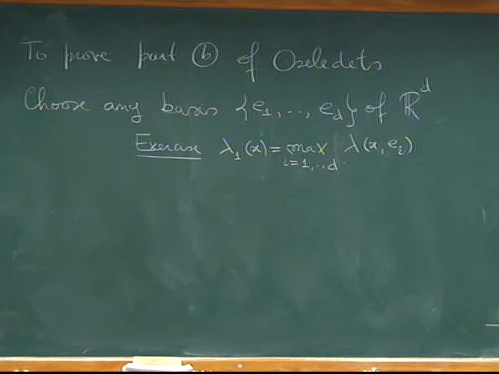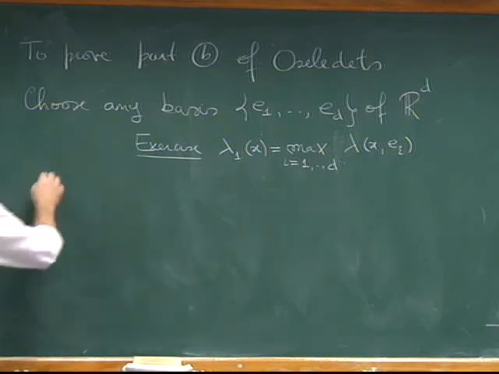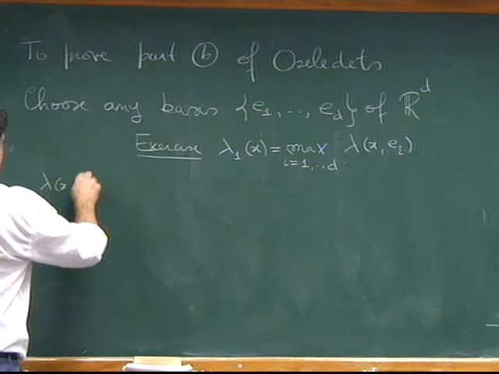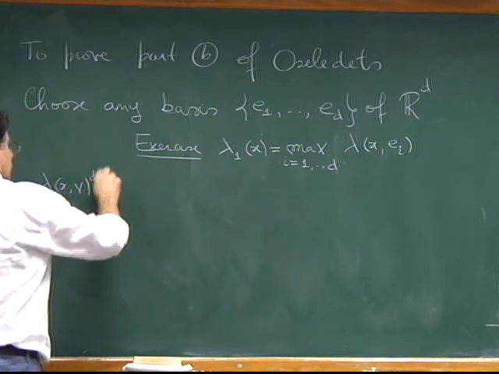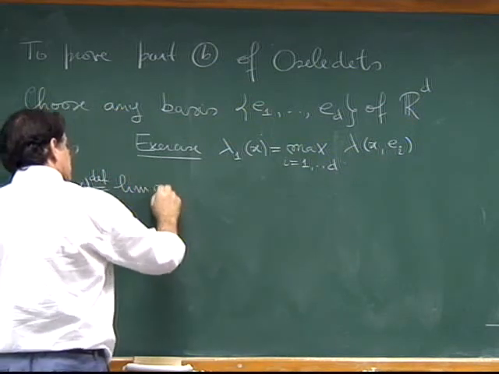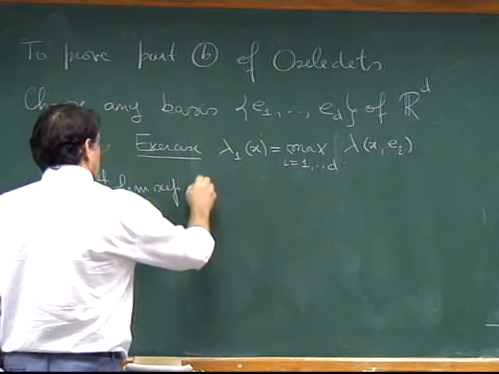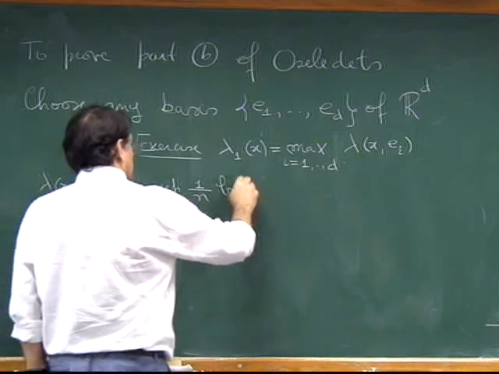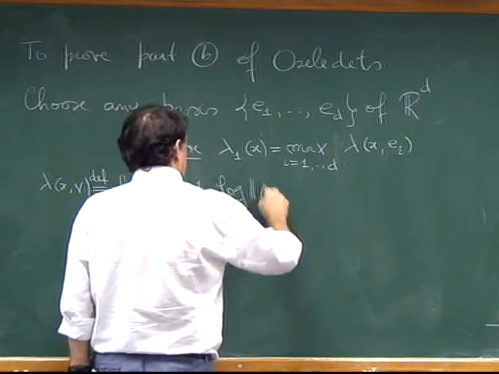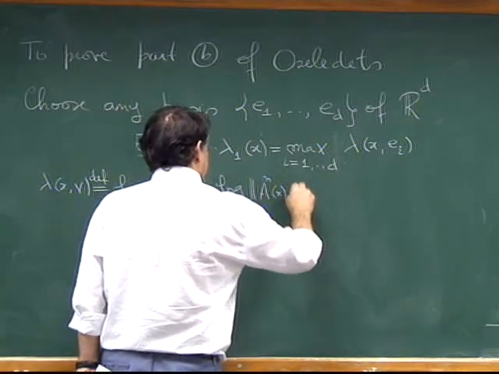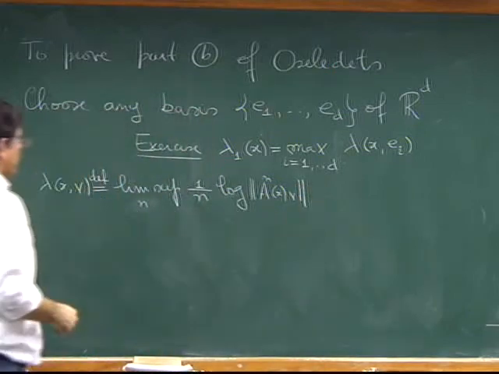Now, the function, I didn't say it. Let me remind you. The function lambda x v was defined as a lim sup in n of 1 over n log of the norm of An of x applied to v.